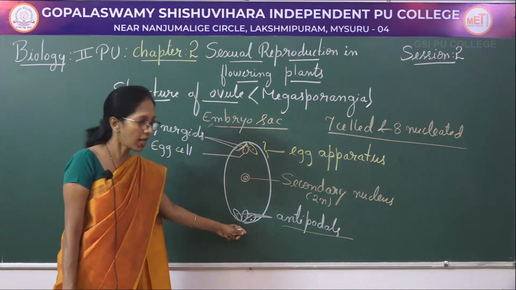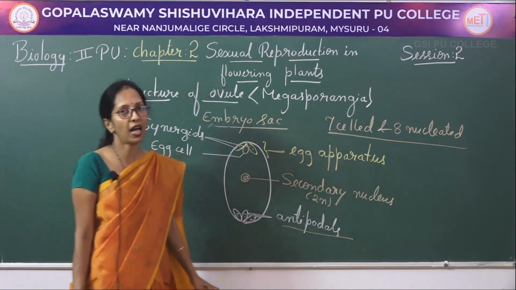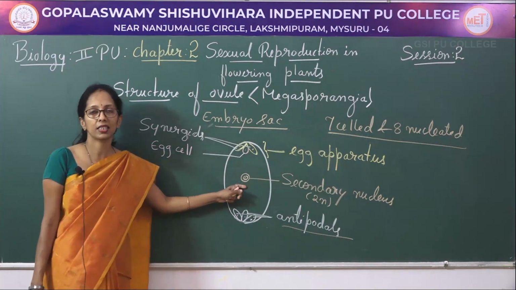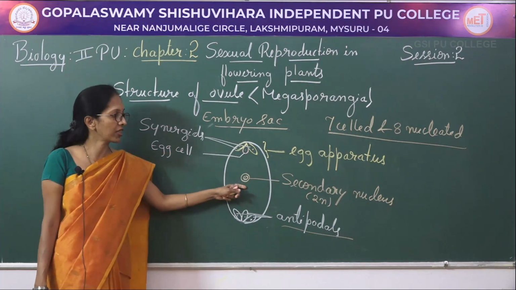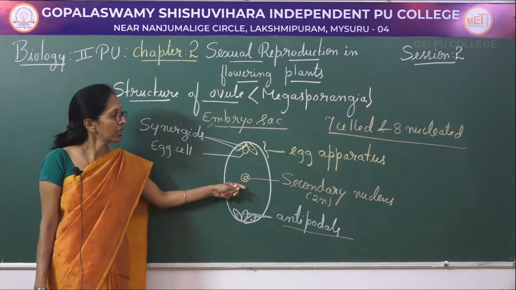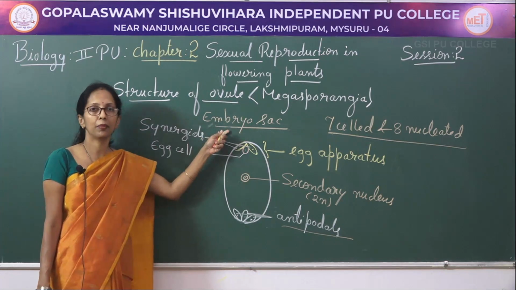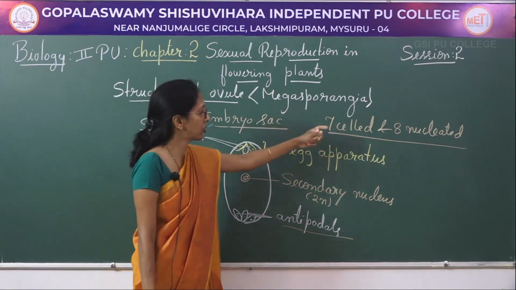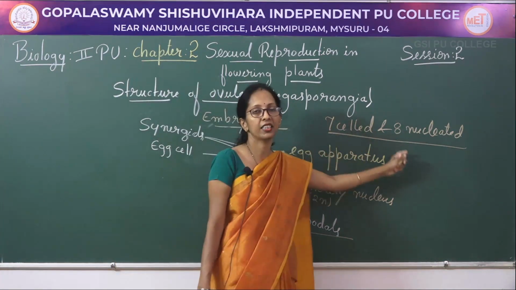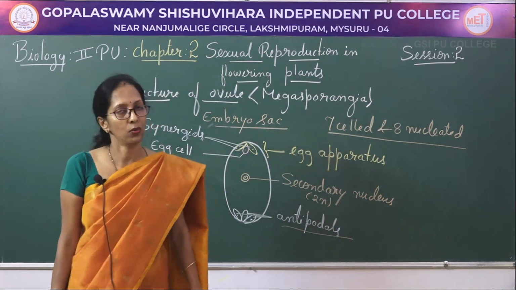And towards the chalaza, there is a group of 3 cells said to be antipodals. In the center, there is a secondary nucleus which is diploid in condition, so the female gametophyte or the embryo sac consists of 7 cells and 8 nuclei. This is about the structure of the ovule.